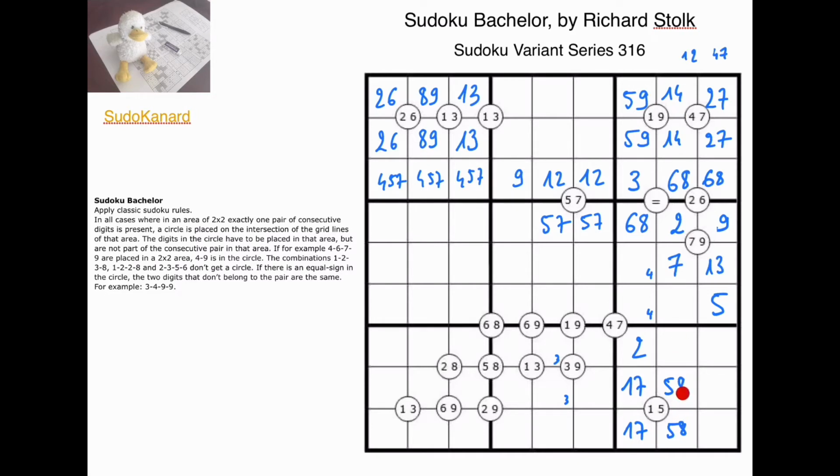Now this resolves the 6-8 pair, the 6 on the diagonal, and with this 9 we get a 9 here, with a 3 here, making this a 1, and 4 and 8.